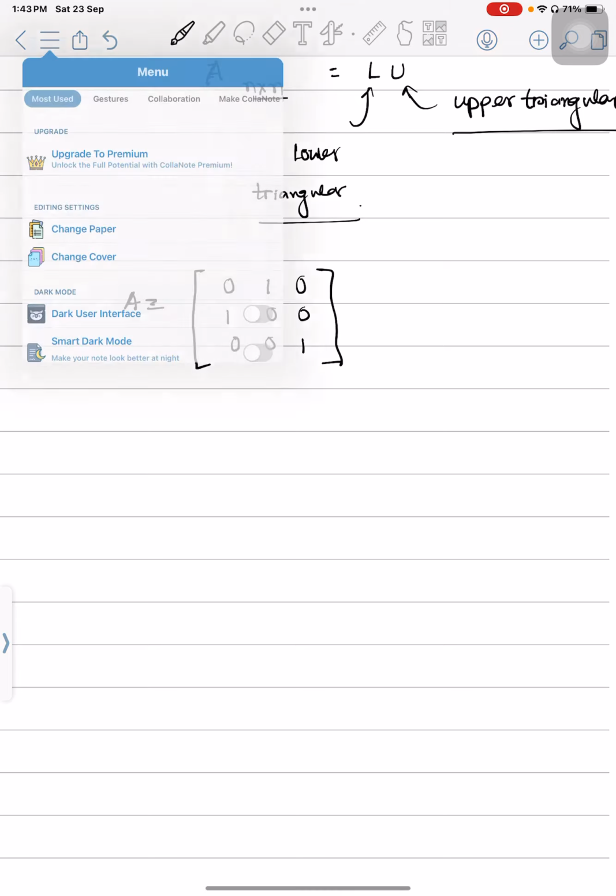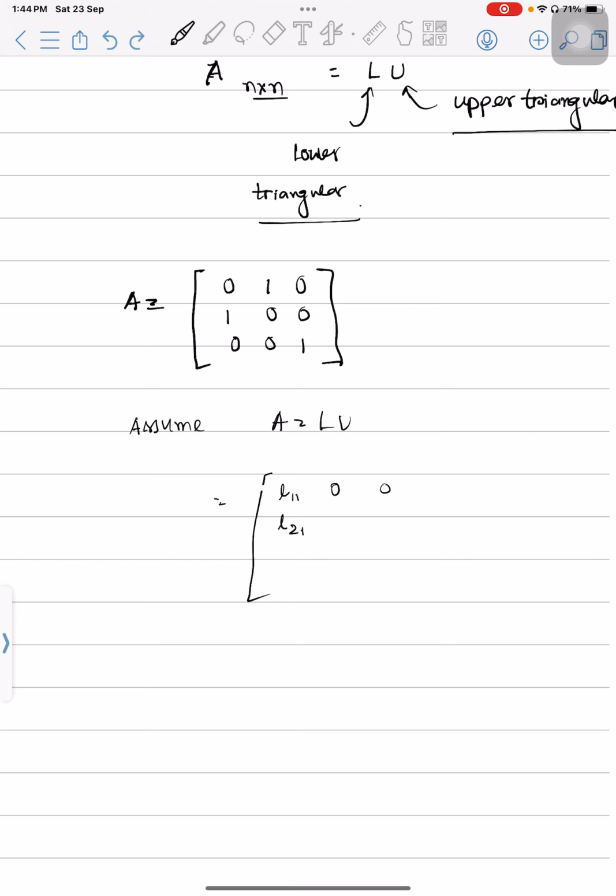Okay. Assume A equals LU. Let's write it in a proper way. L11. So it is a lower triangular matrix, so these two elements will be 0, right?